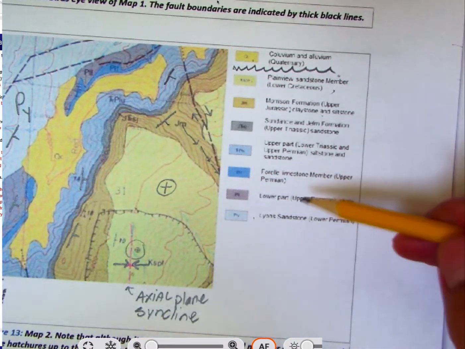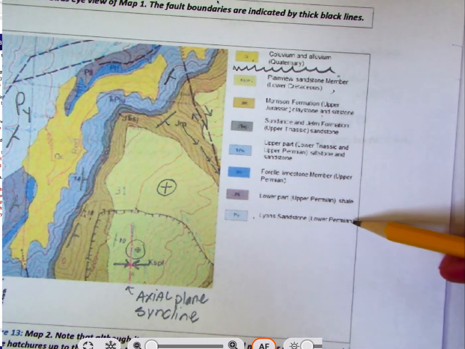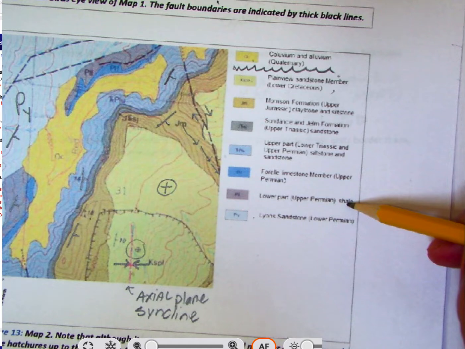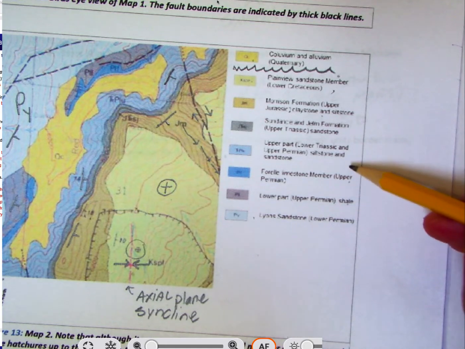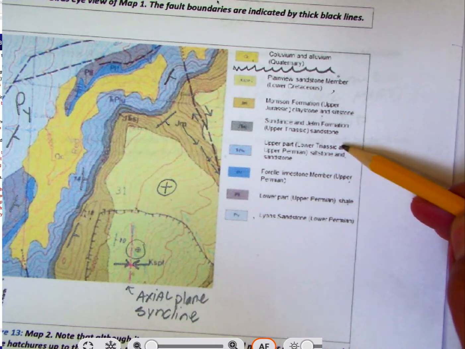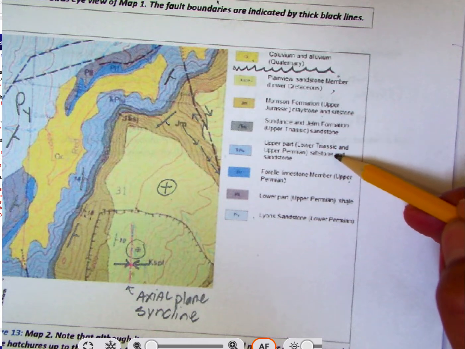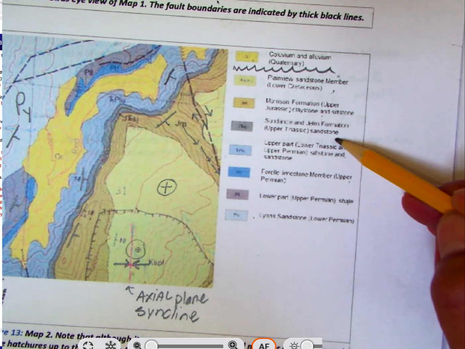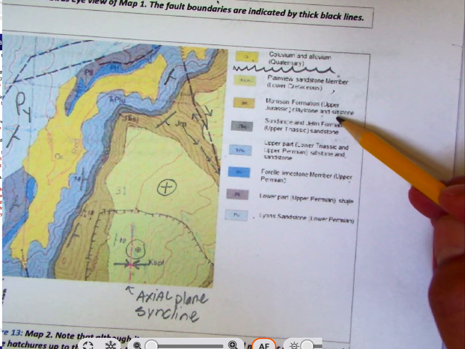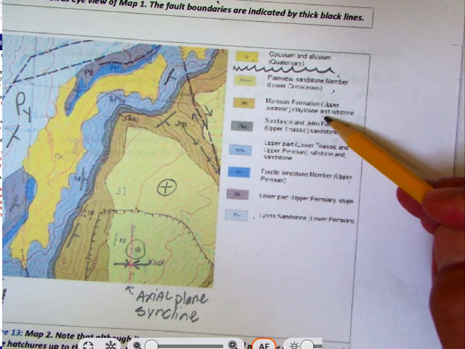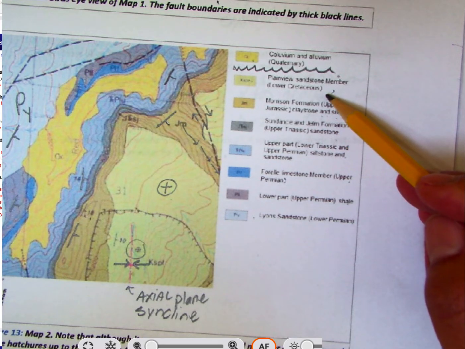Could there be any other ones? So we got lower Permian, upper Permian, Triassic. So what's this? This is lower Triassic, upper Triassic. Then we have Jurassic, it says upper Jurassic here. And then we have the lower Cretaceous.